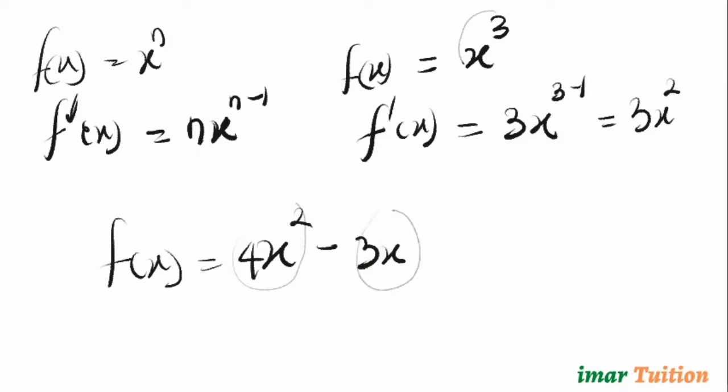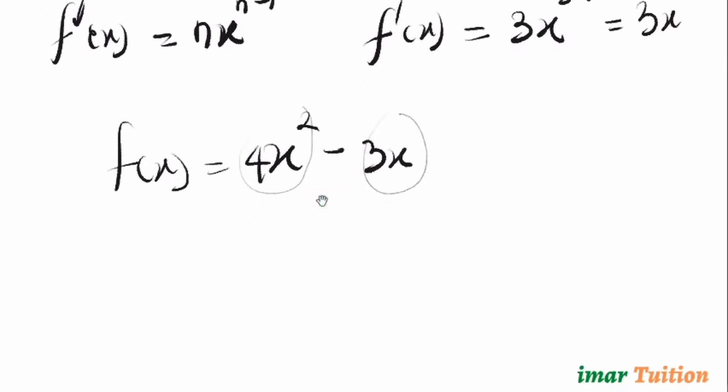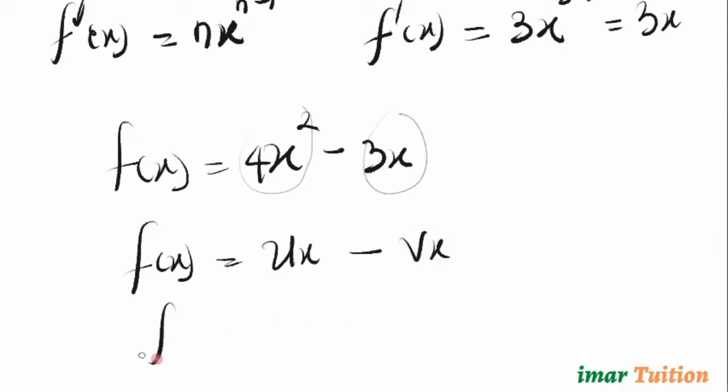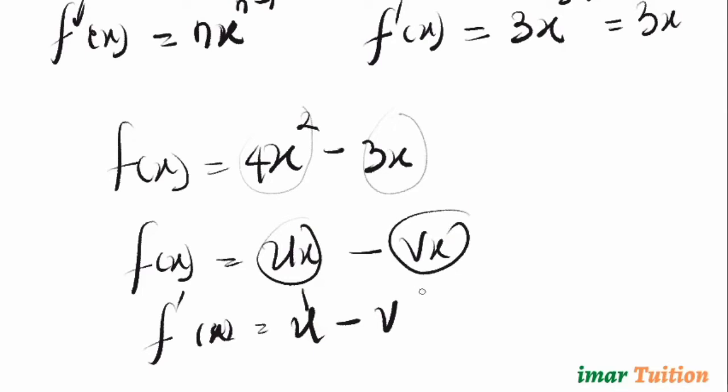That's what it means for the difference rule. For example, if you are given f(x) equal to u(x) minus v(x) to differentiate, the f prime of this will be equal to u' minus v', because if you differentiate this, it gives you u'. If you differentiate this, it gives you v'.